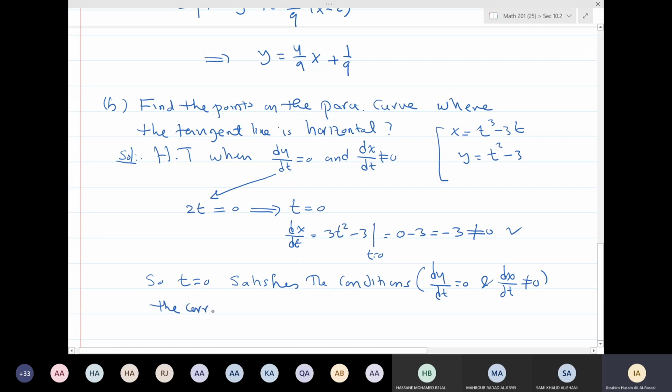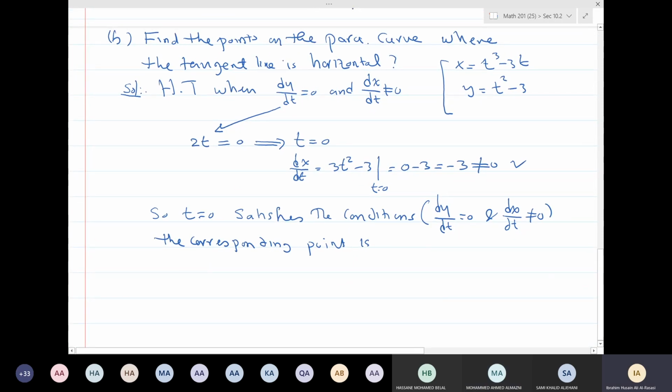What is the corresponding point? This is the time, and I need the point, which should be x and y. How to find the point?